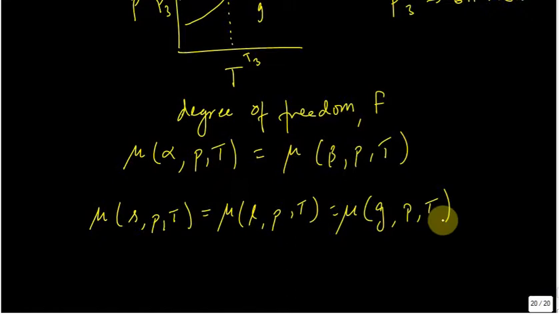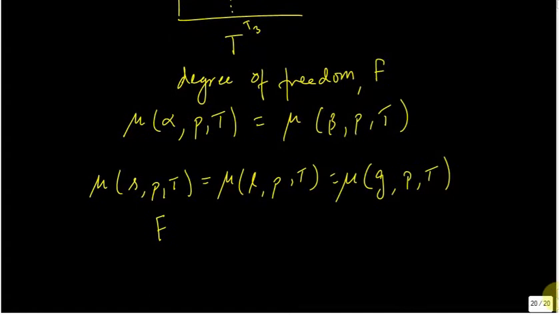And I have two unknowns. So it just gives me 0 degrees of freedom. So there's actually a very general formula for finding out the value of F, and for any number of components for that matter. And let me evaluate that.